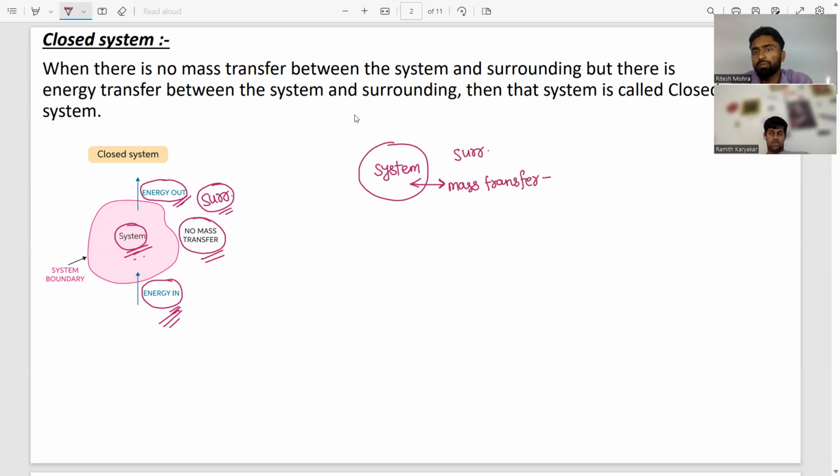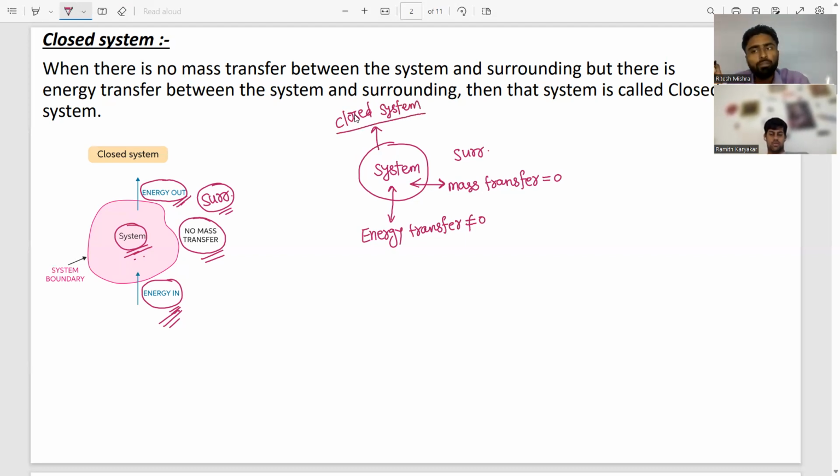But there can be energy transfer from the system to the surrounding, or from the surrounding to the system. So here energy transfer cannot equal zero. This type of system is called a closed system. If this happens in any system, then you can call that system a closed system.